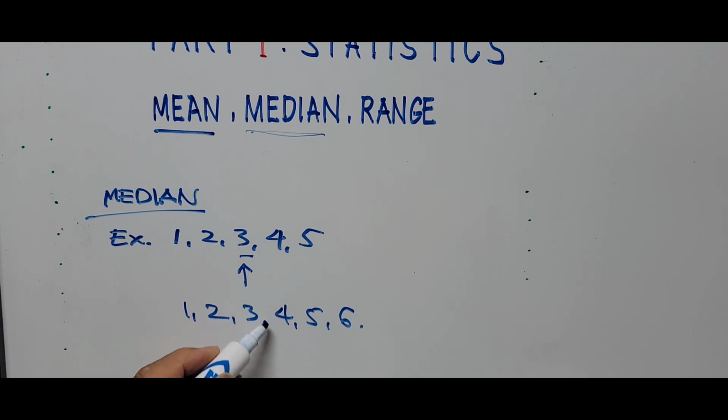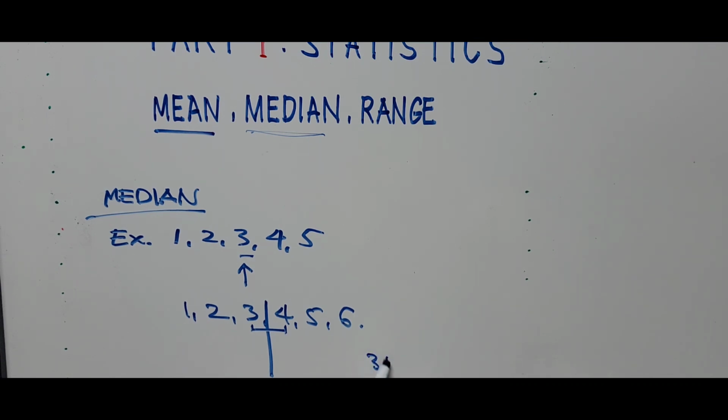And we split in the middle. Now the definition of median is the value in the middle. But since we have 2 values in the middle, all we have to do is average the 2. So the average of 3 and 4 will be the value of the median.